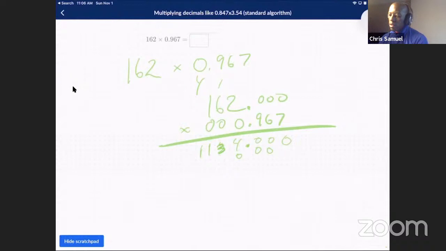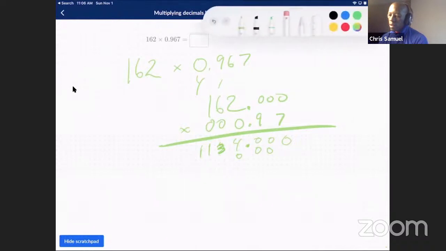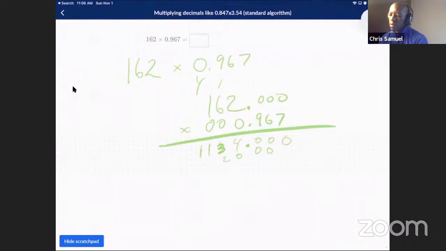And then when we get here, 6. 6 times 2 is 12. And then you have 6 times 6 is 36 plus 1 is 37. And then you have 6 times 1, which is 18. 0, 4, 5, 8, 8, 9. Now we need to add it up one more time.